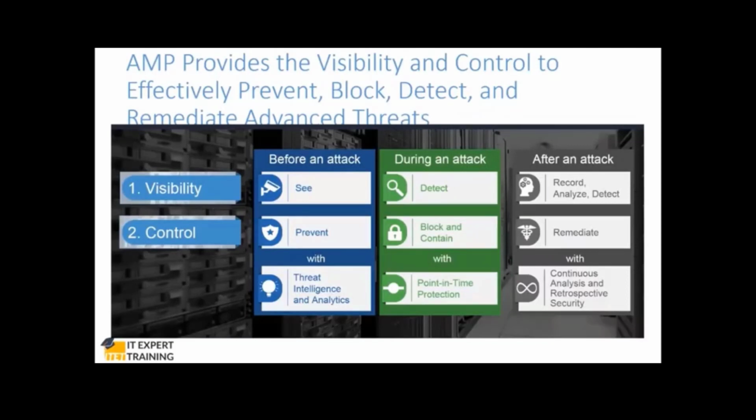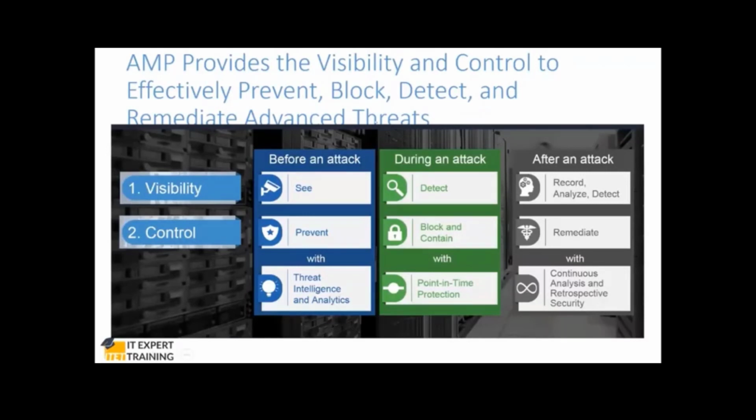Then during an attack, what happens? It detects malware when it enters the system and contains the threat before it is able to spread. That is called point-in-time protection. The third one, after an attack, it will analyze the scope of compromise.